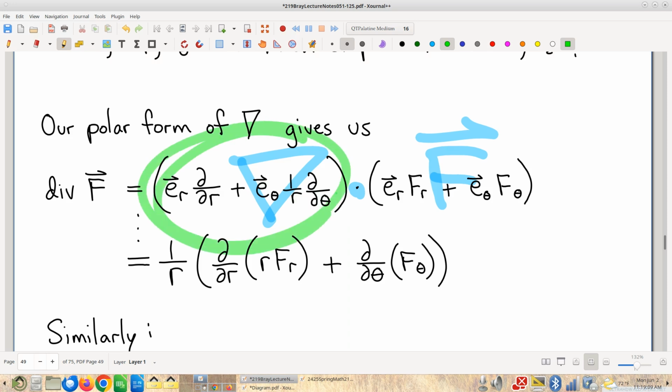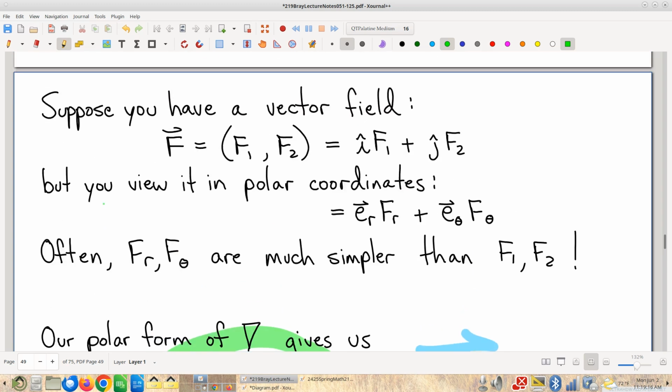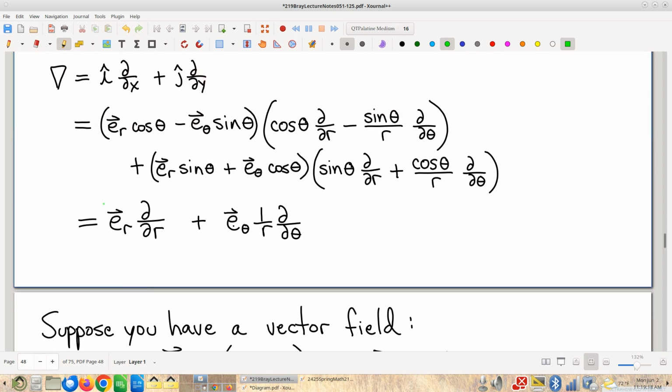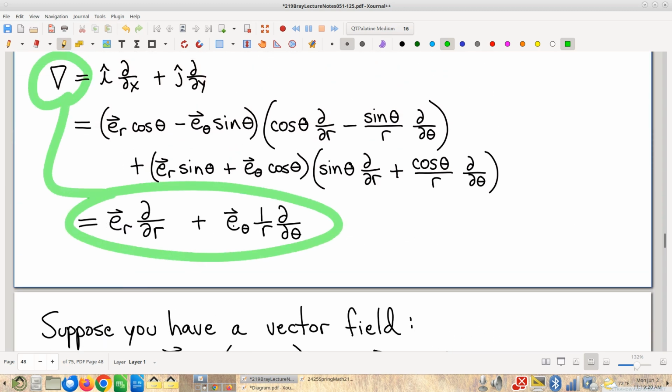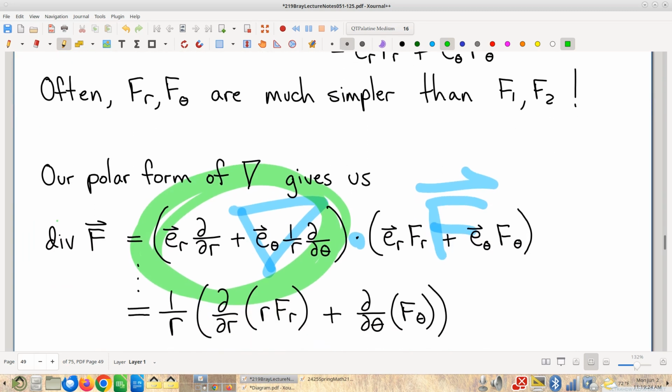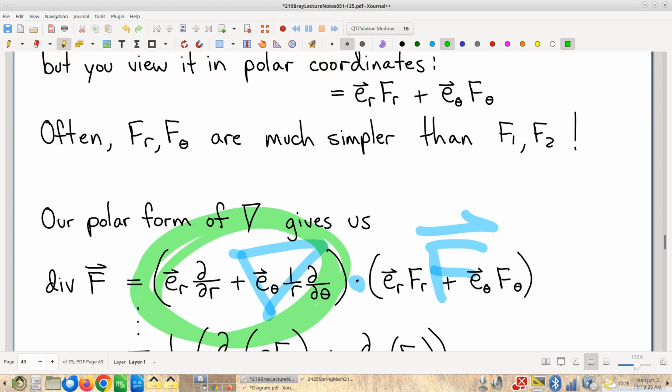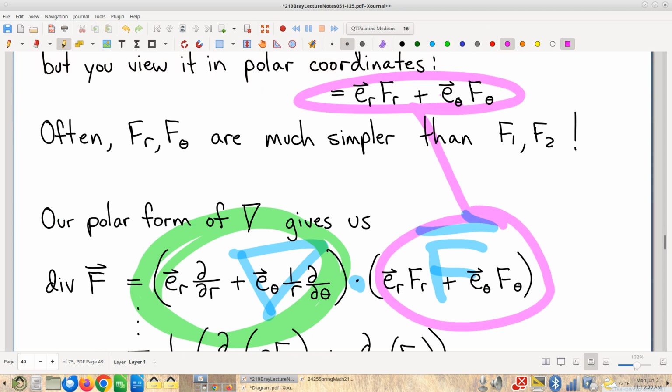This thing here on the left, this big mess there in polar coordinates, is literally the del operator that we just derived. And this is just our polar rewrite of our given vector field. So, yeah, no tricky curves.